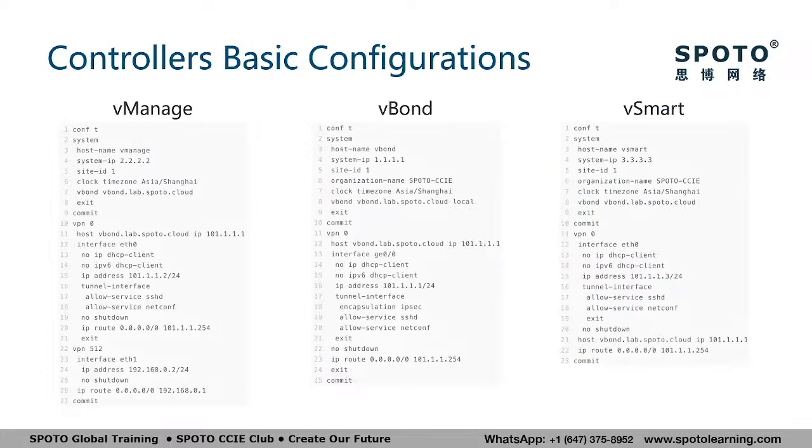This is controller's basic configuration comparison. We have vManage, vBond, and vSmart. The essential difference is here. It's local, right? vBond is local because it's a vBond.